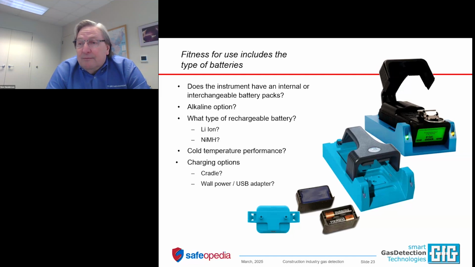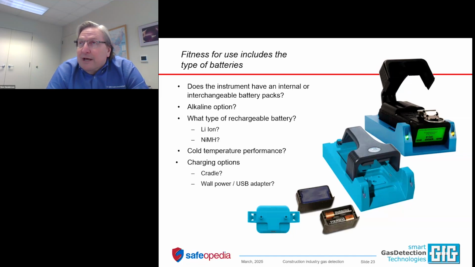Fitness for use also includes the kind of batteries. Make sure that you consider the pros and cons. There are right now basically 3 different kinds of batteries. Each of them have their pluses and minuses. That's kind of a joke.